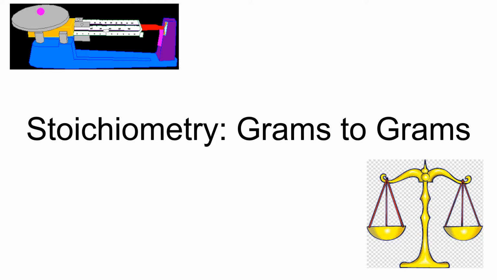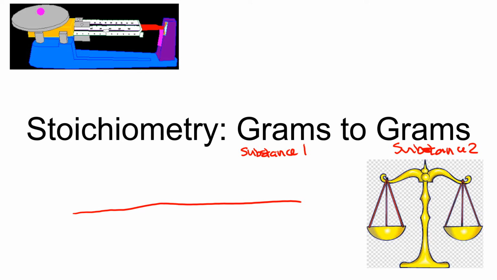Okay, so today we're going to talk about how to convert grams of one substance, substance 1, to grams of a second substance. Now this is going to take 3 steps, so you're going to have 3 vertical bars by the time it's all said and done.